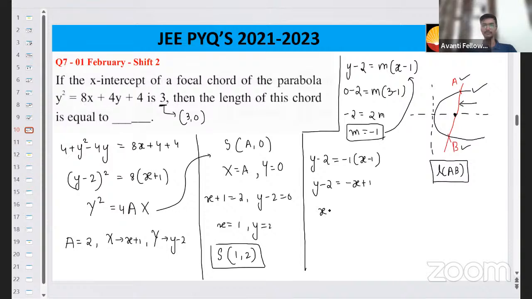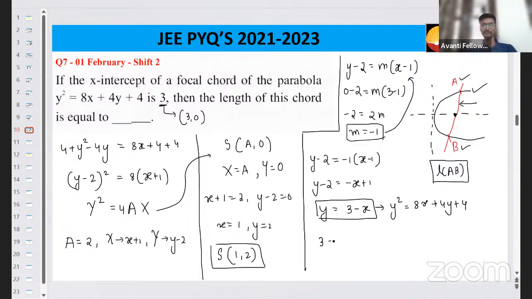So y minus 2 equals minus x plus 1. We'll write it in terms of y only, so y equals 3 minus x. Now I'll solve this equation with the parabola's equation, which is y square equals 8x plus 4y plus 4. Substitute it here.